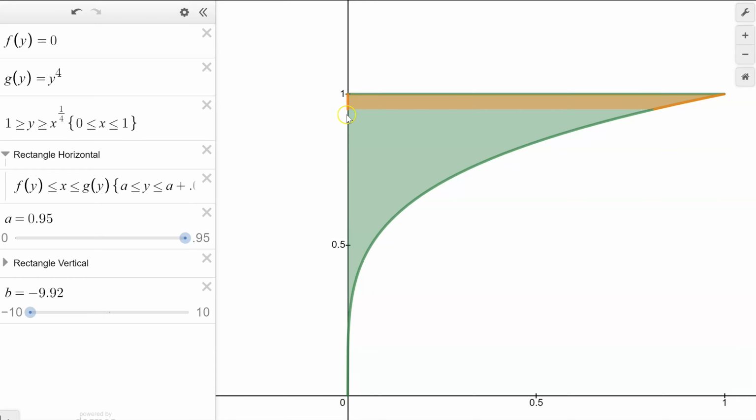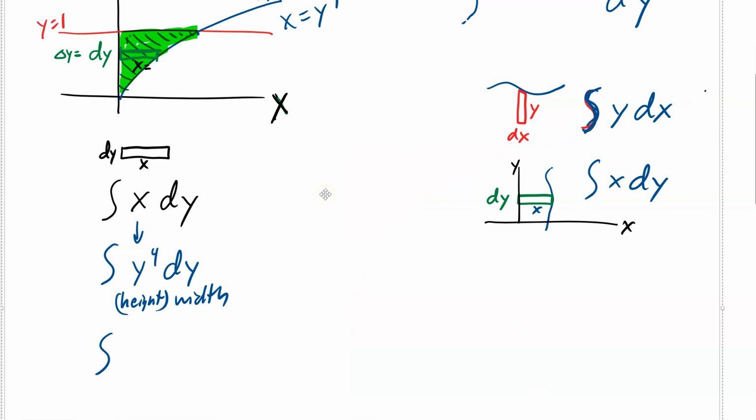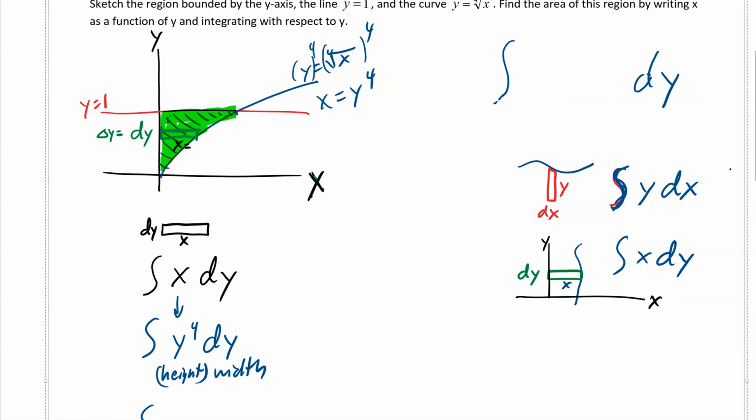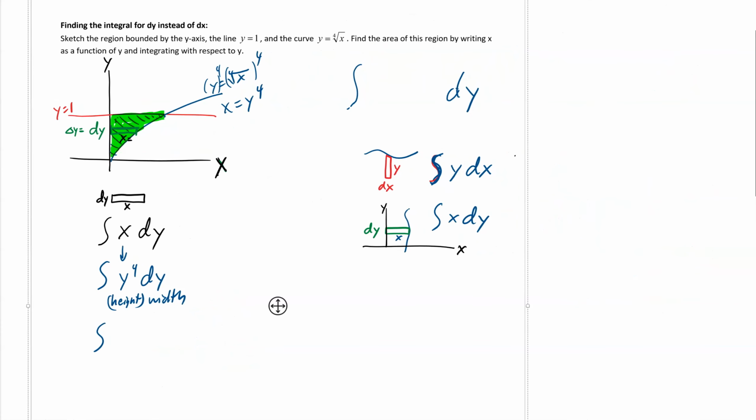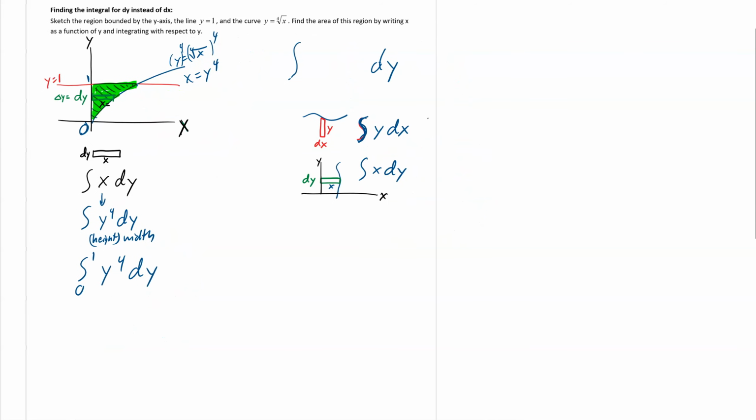The width is dy, and the height is x. The letters are all switched, which is honestly another way that you could do this. You could just go back, switch all the letters, and that just changes your axes. But now we're going from 0 to 1, where they intersect, of y to the fourth dy, and that will give us the area under the curve with respect to y.